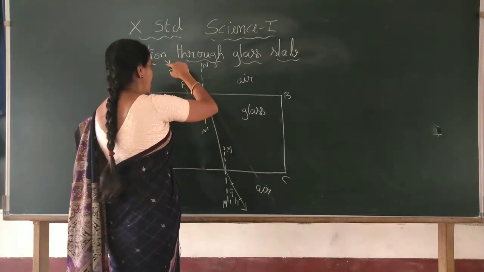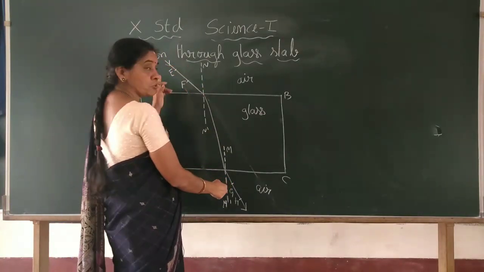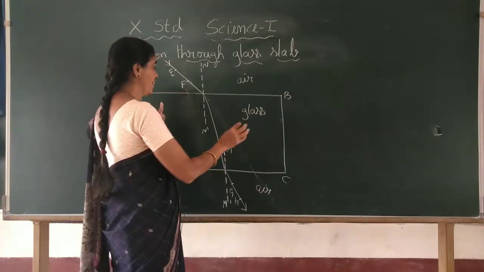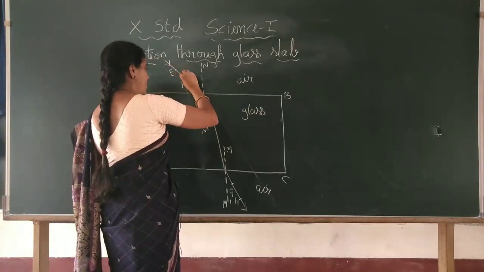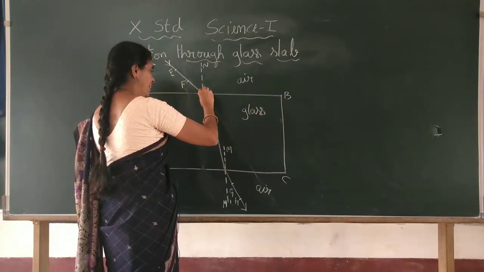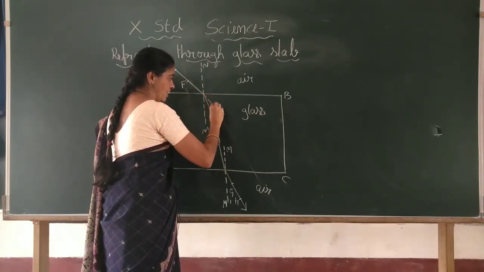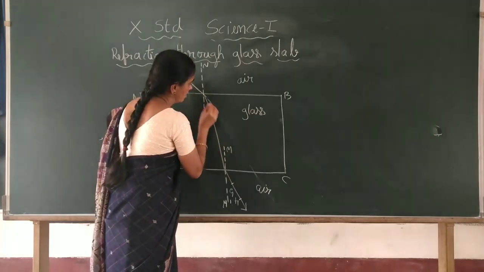And even though when we see the two pins it appears to be a straight line, actually they are not in a straight line. If it were a straight line, this linear motion of the ray of light should travel along this direction, straight.